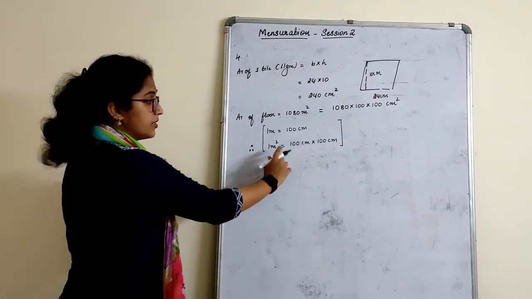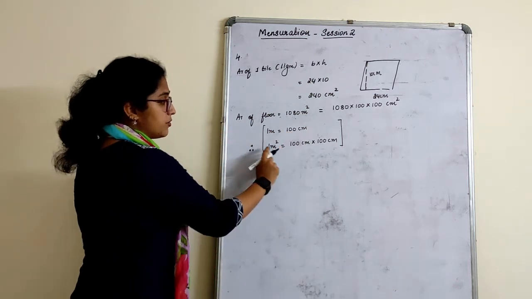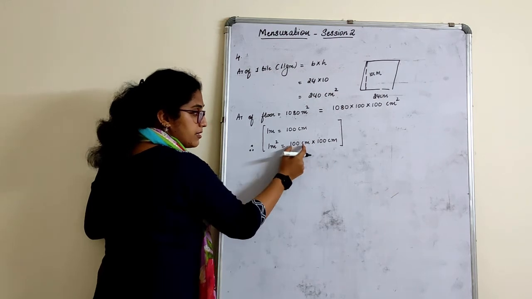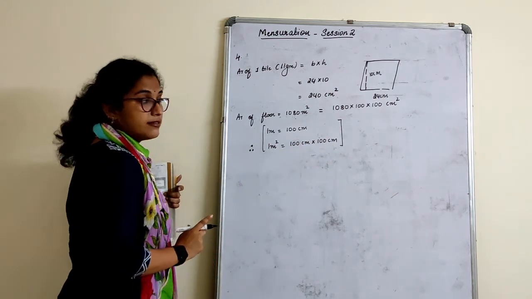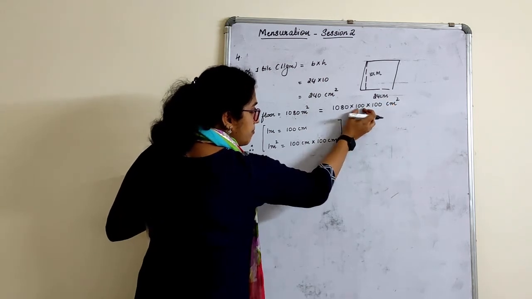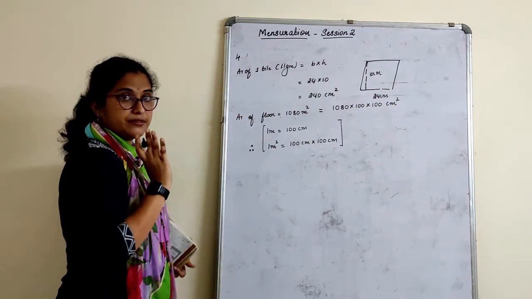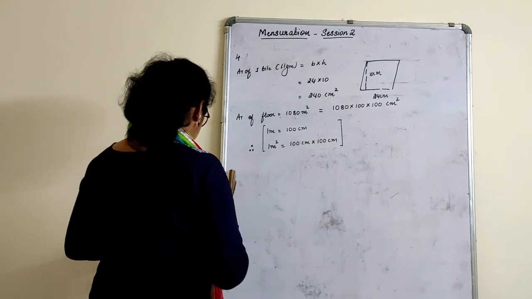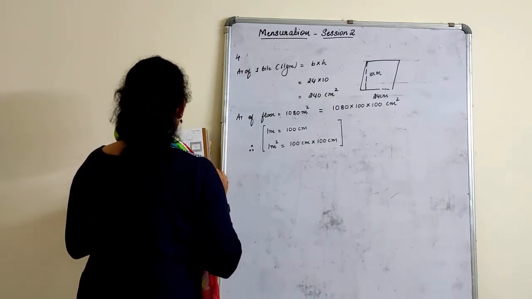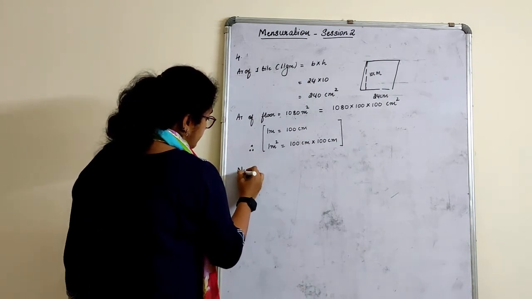Very clear? See, 1 meter is 100 centimeter. 1 meter square is 1 meter into 1 meter, that is 100 centimeter into 100 centimeter. So I converted meter square in terms of centimeter square. Next, number of tiles we have to find out. How many tiles are required to cover a floor? Number of tiles required.